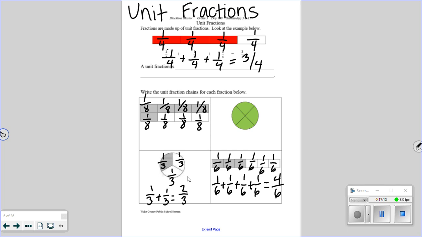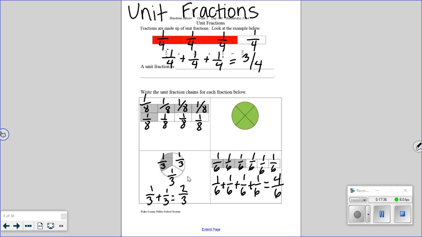Kind of like if they were all flowers, I would be counting by flowers. If they were all halves, I'd be adding up my halves. Does that make sense? It's just like what we've been talking about with our answer sentence. What are you counting? Well, in this problem, I'm counting eighth size pieces. Does that kind of make sense? Okay.